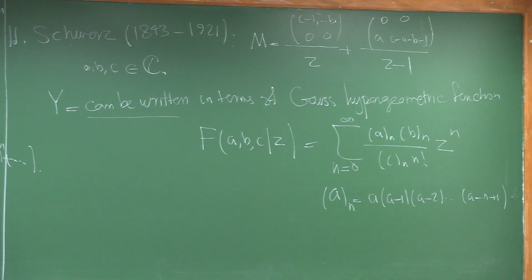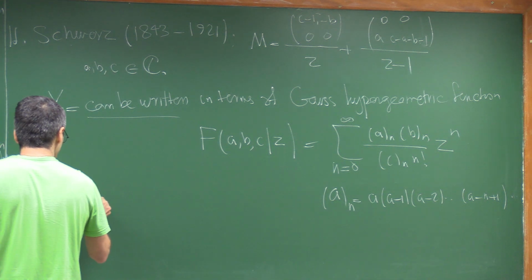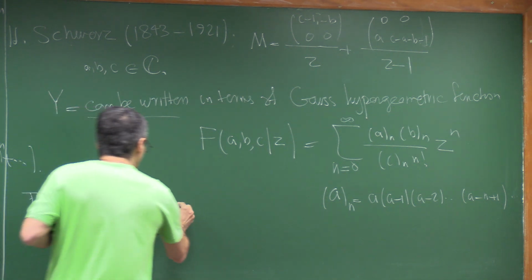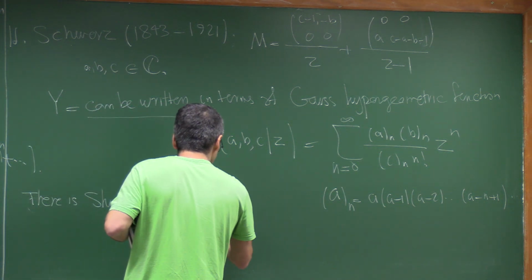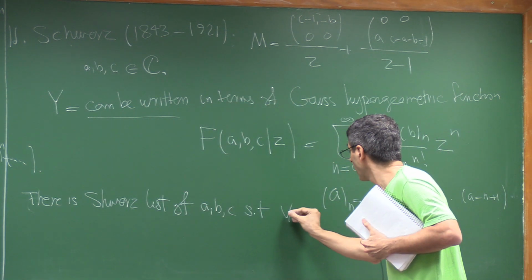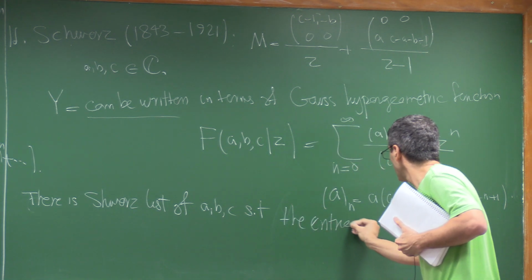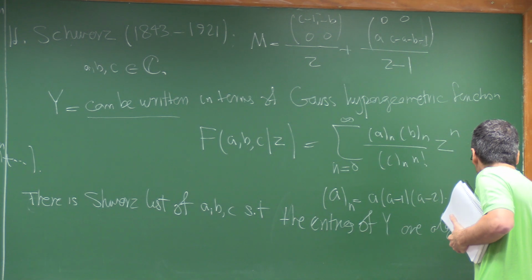So what Schwarz did, in this case, is he classified the list, called the Schwarz list, of A, B, C such that the entries of Y are algebraic.